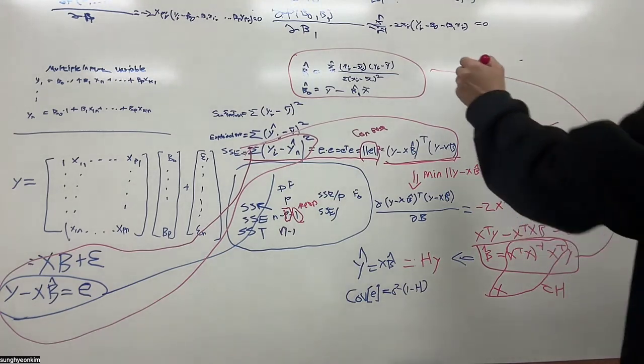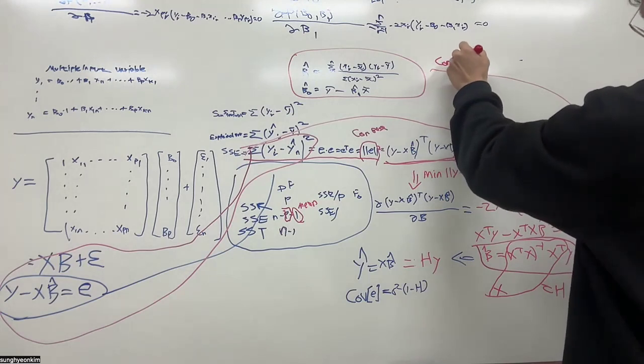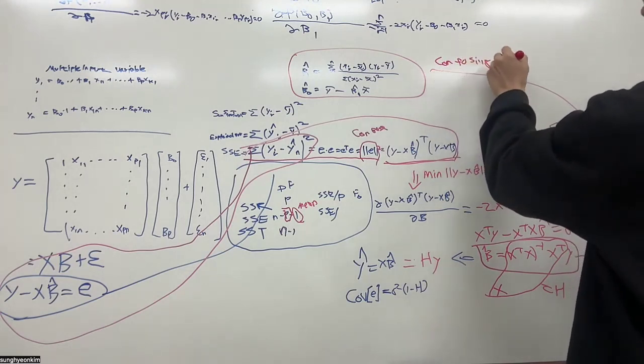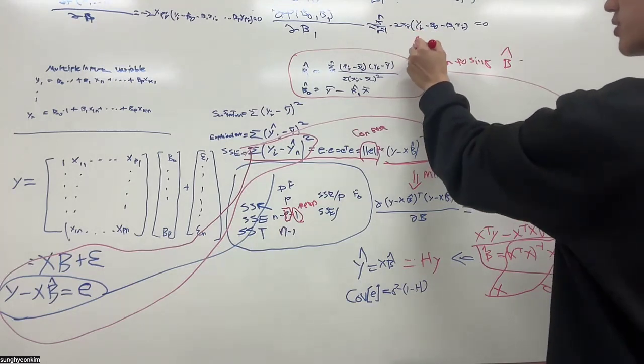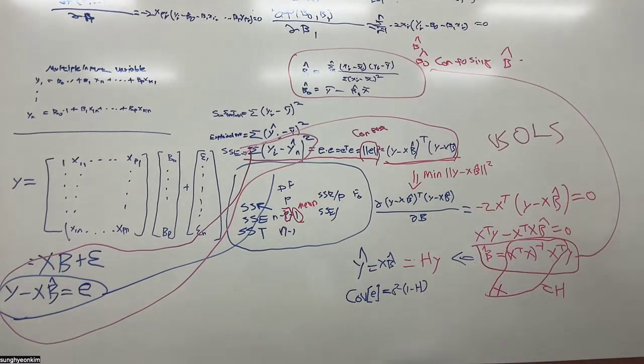This is also a bit complicated right now. B hat, and there's b1 hat and b0 hat. Right, it's not much.